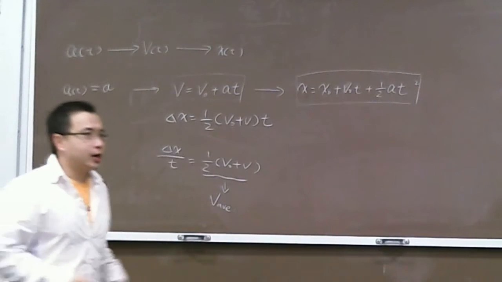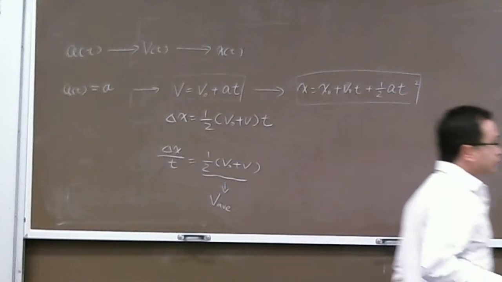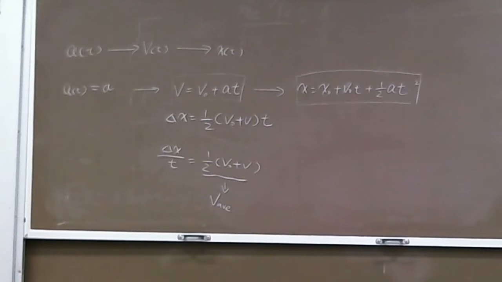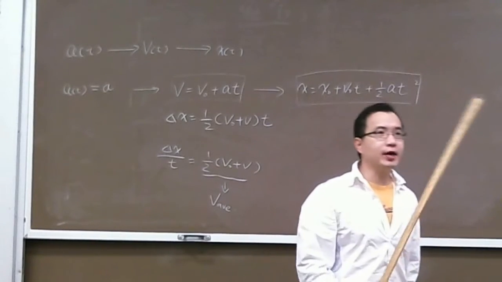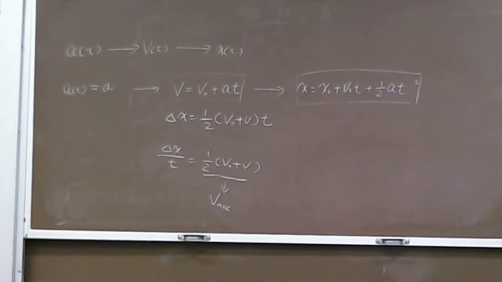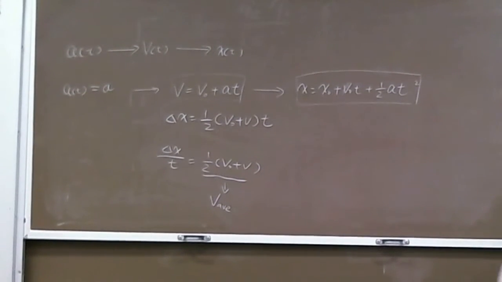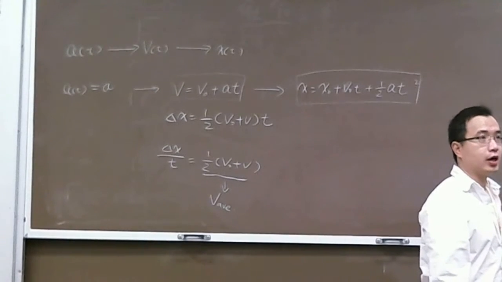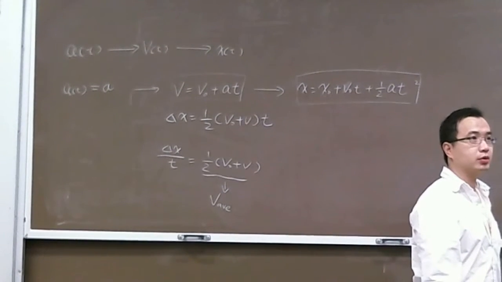Okay, and you can see here, of course, this is very understandable. This is the initial velocity, this is the final velocity, add them, divided by 2. This gives you the average velocity. But again, what I would like to emphasize is that this kind of calculation is only correct for constant acceleration motion. Okay.